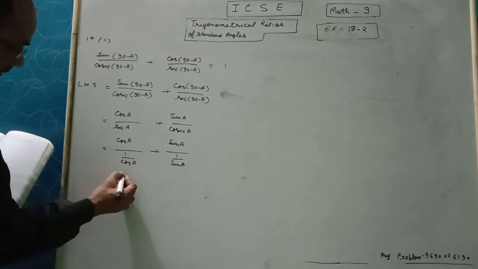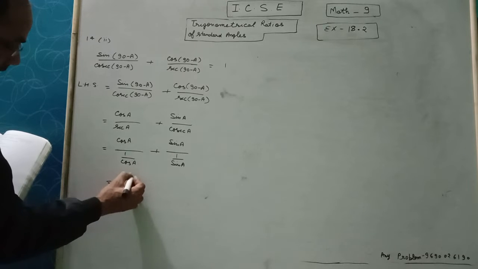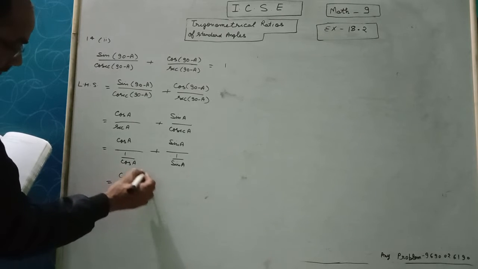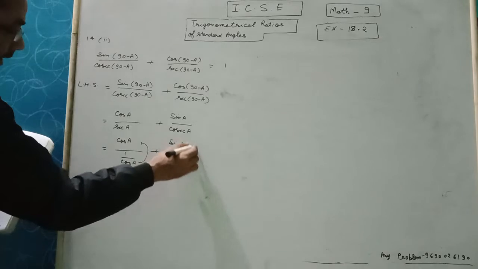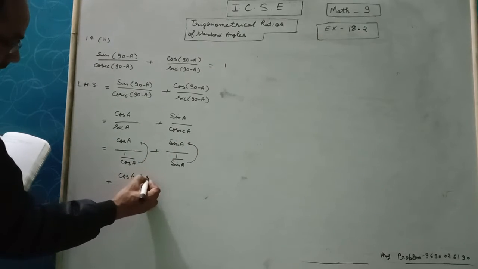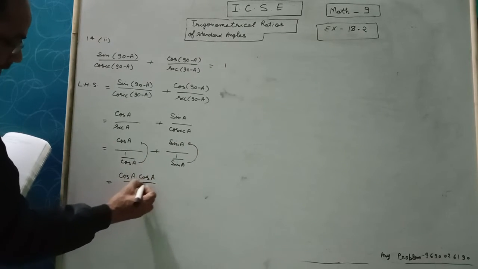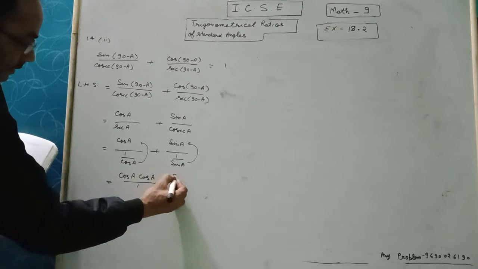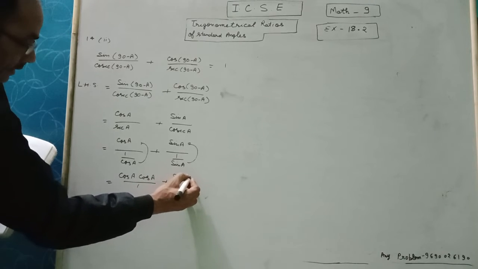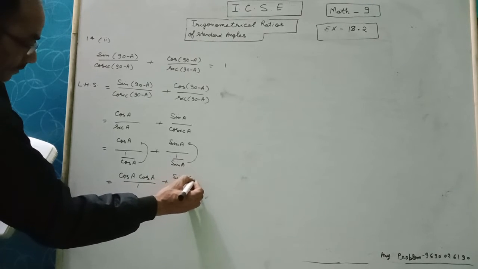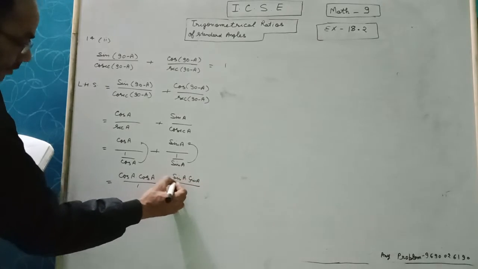After changing, cos a into cos a upon 1 plus sin a into sin a upon 1.